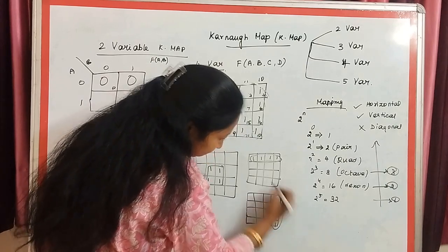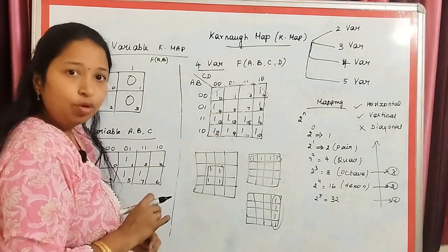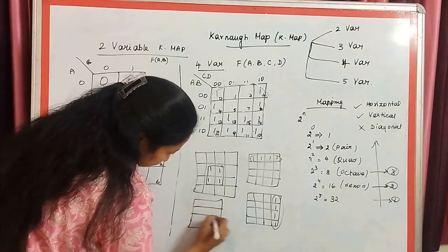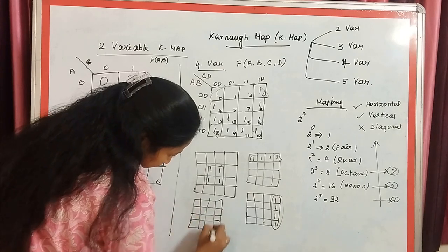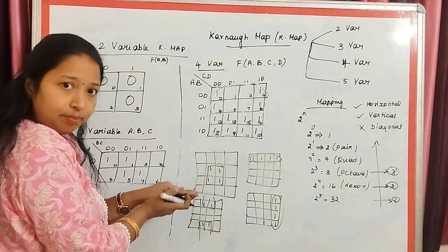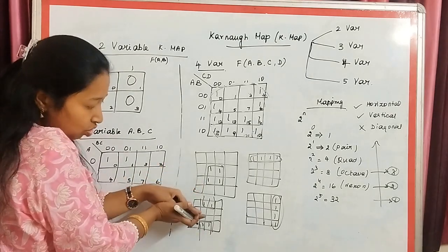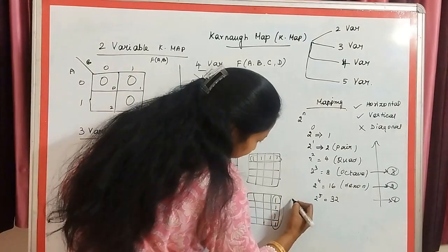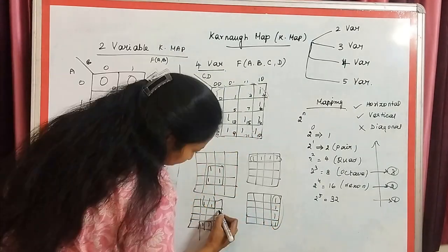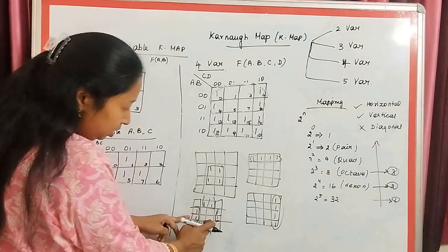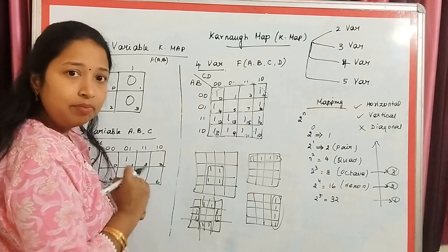When I have all ones on the vertical, this again can be grouped as a quad. These two again can be grouped as a quad because when I fold it vertically, these two come together, right? This again can be considered as a quad. In a similar way, if I have ones like this, while folding these two again can become a quad.